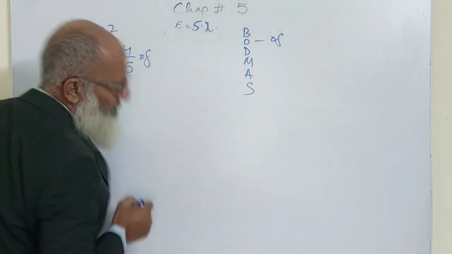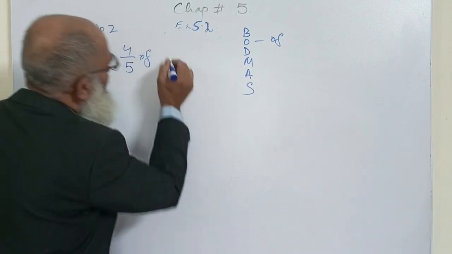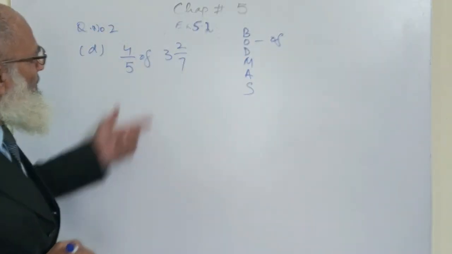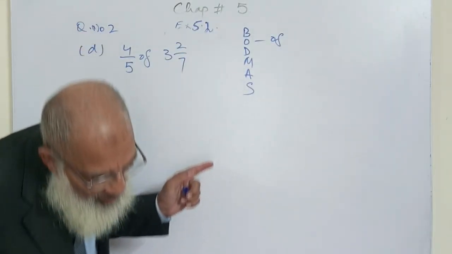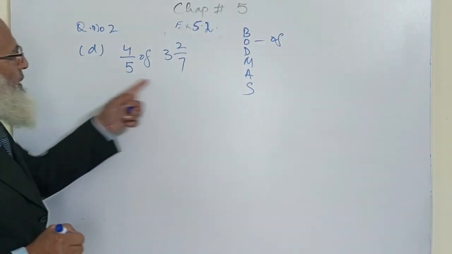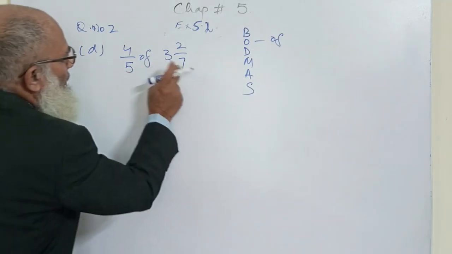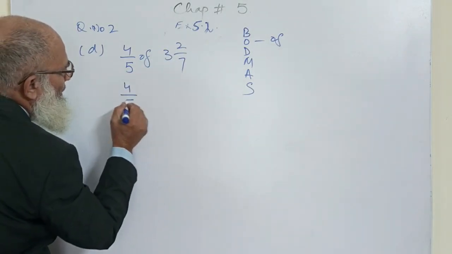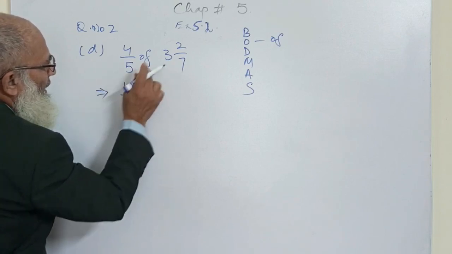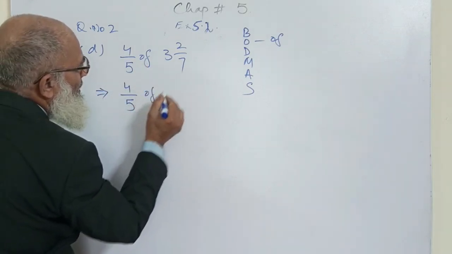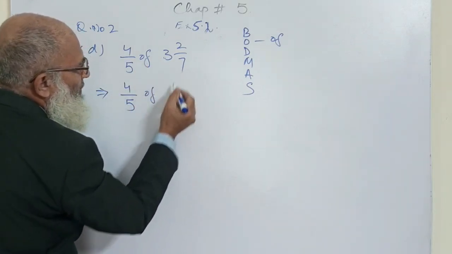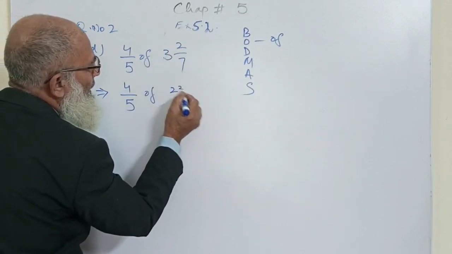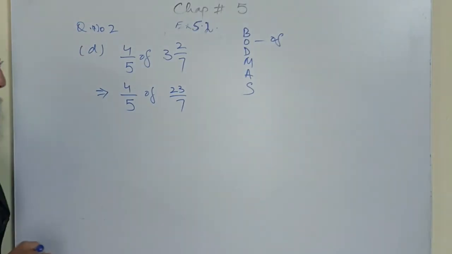of 3 whole 2/7. 4 upon 5 of 3 whole 2/7. So don't worry where this "of" has come from. 7 times 3 is 21, 21 plus 2 is 23 upon 7.